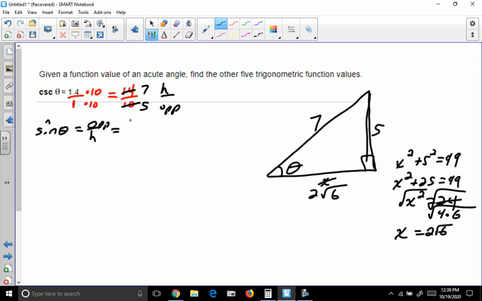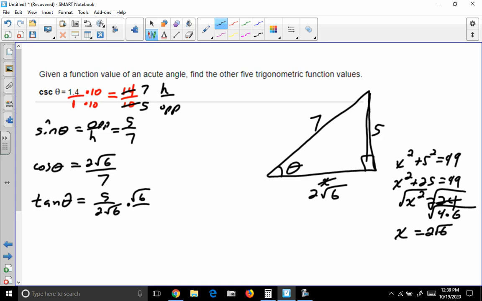So sine is opposite over hypotenuse. Cosine is adjacent over hypotenuse. Tangent is opposite over adjacent. We can multiply top and bottom by root 6 to rationalize the denominator, so that would give us 5 square roots of 6 on top.